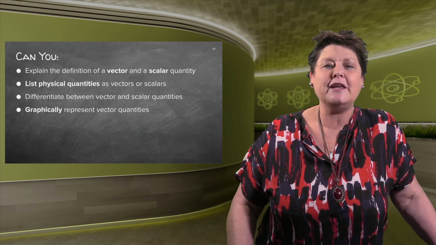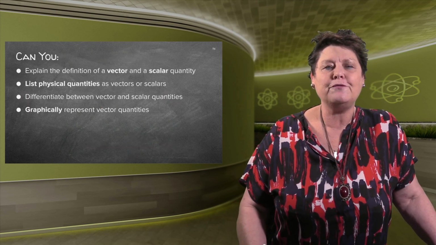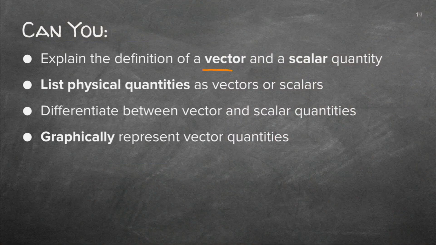Let's quickly recap. Do you know the difference between a vector and a scalar? Remember, vector, direction. Can you list quantities as vectors and scalars? Go to any textbook. Most of them will have a table where you will see the different scalars and the different vectors.